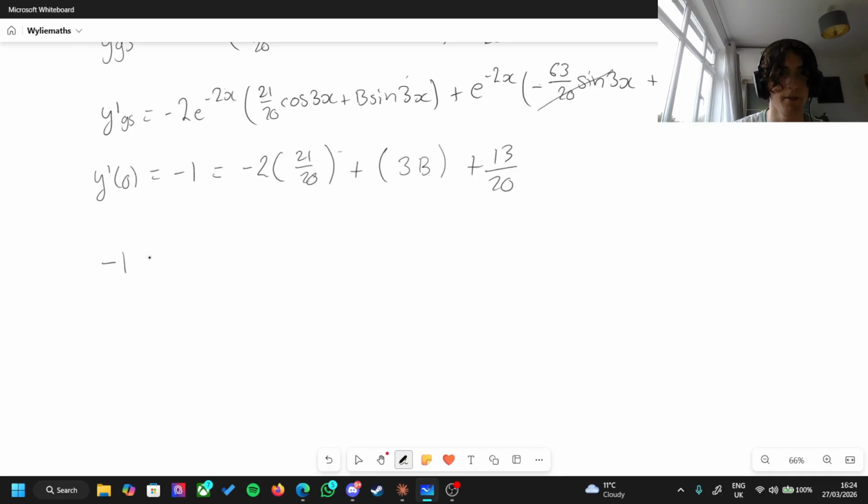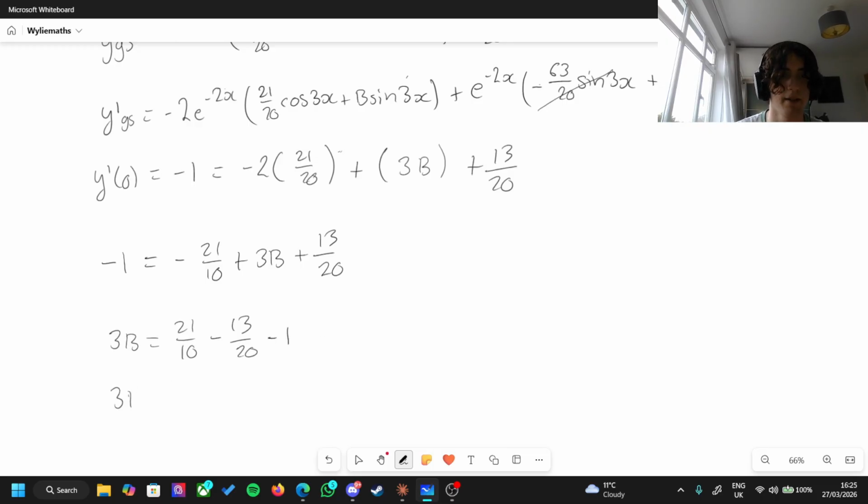So right now, fully, we have minus 1 equals minus, we can simplify this by cross multiplying. So this 2 will simplify out over 20 to be over 10. So you have minus 21 over 10 plus 3b plus 13 over 20. So we have 3b is equal to 21 over 10 minus 13 over 20 minus 1.